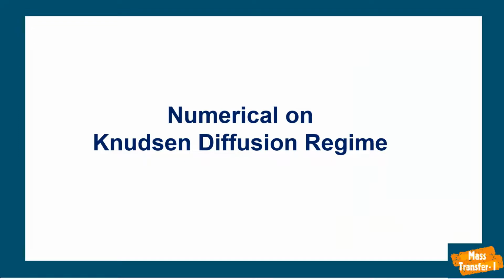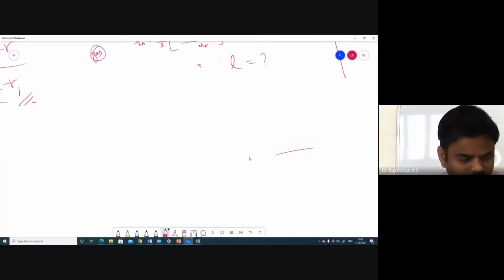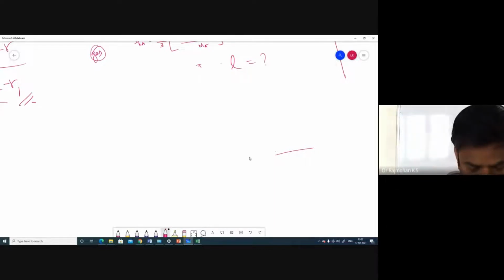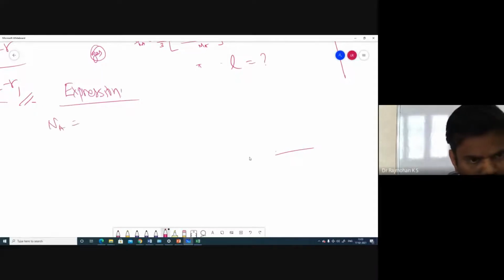Now we will solve a numerical on Knudsen diffusion regime. We have to make use of the flux expression. We have N_A related to these parameters, so we can write the expression. We have seen it in the PPT, right?